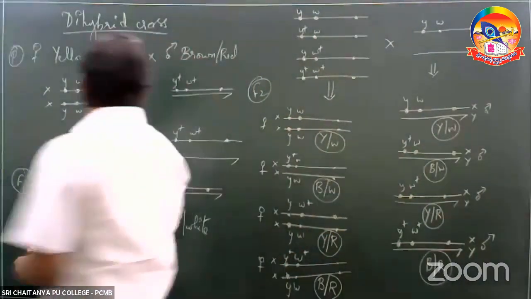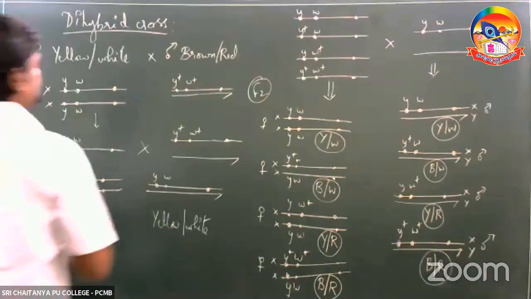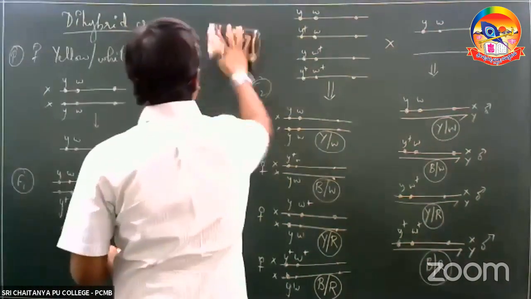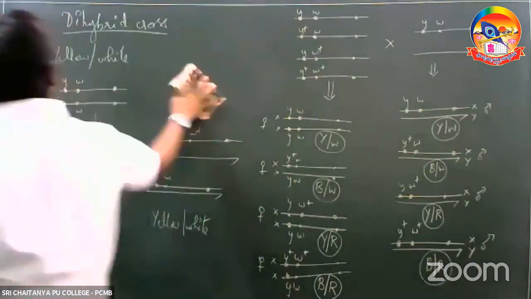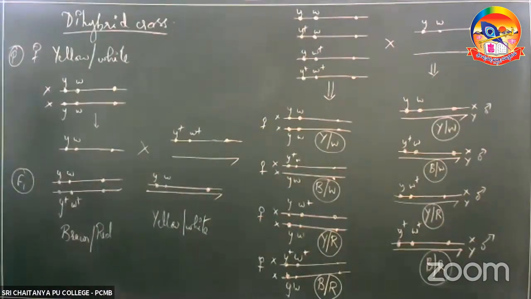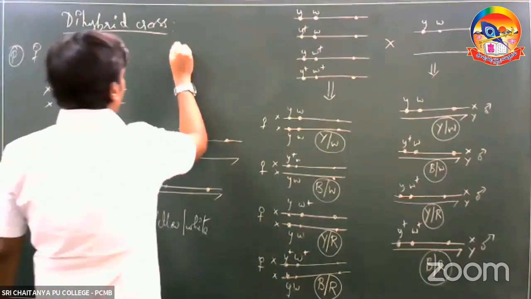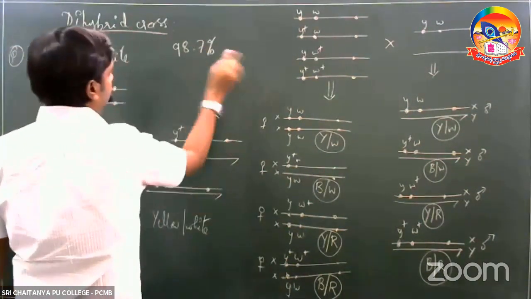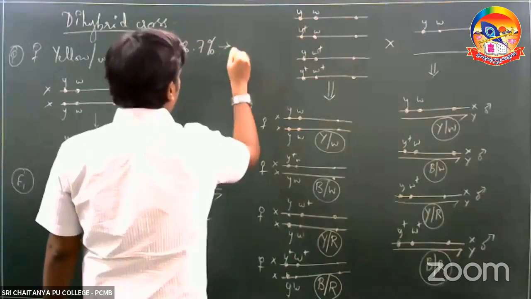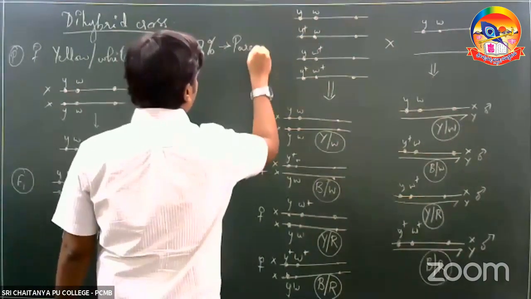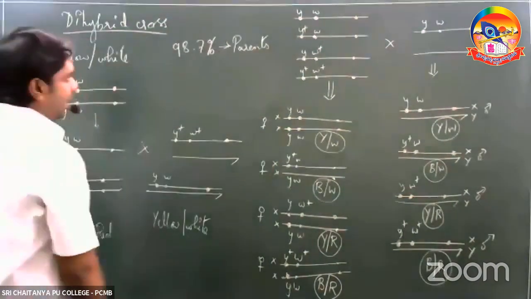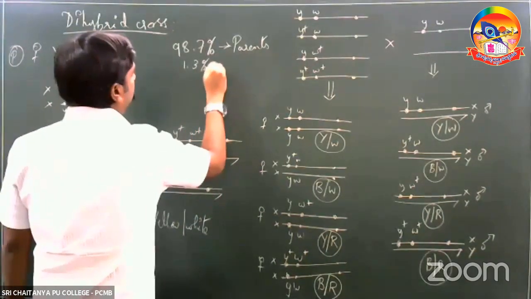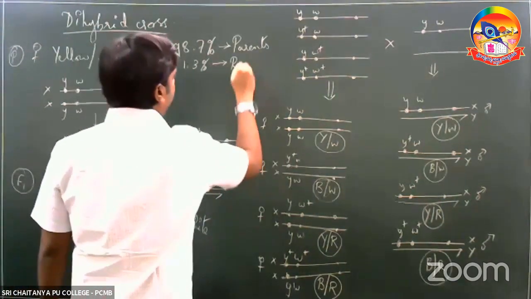He estimated that about 98.7% of the progeny obtained in the F2 generation resembled the parents, and the remaining 1.3% offsprings were recombinants.